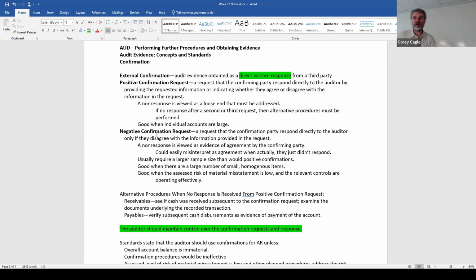We want the person we're sending this confirmation to respond directly to us by writing in the requested information or agreeing with the amount that we put in there. So a positive confirmation is strong. Having them write it in there themselves would be the strongest. Having them agree with what we write in there is not quite as strong, for obvious reasons, right?